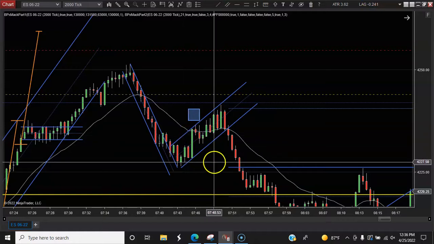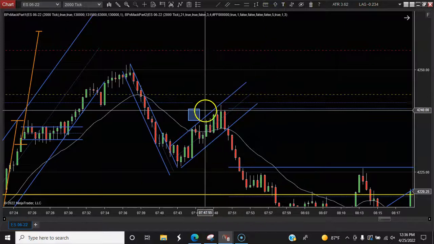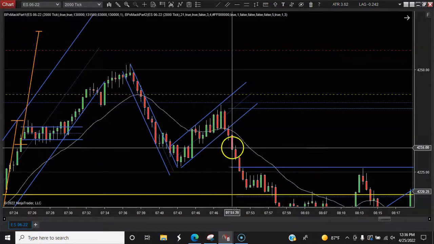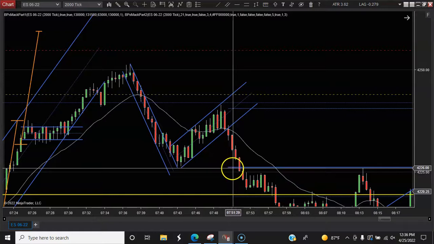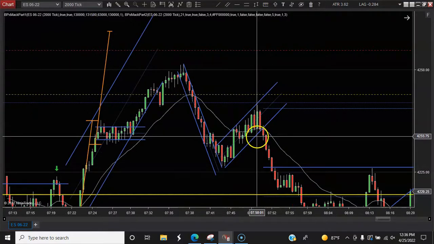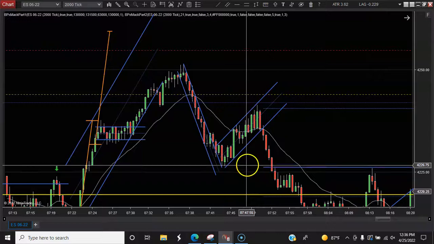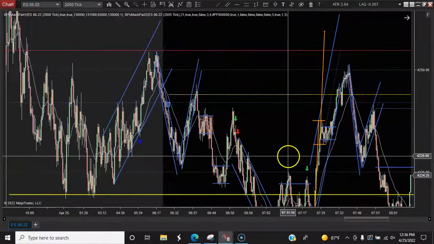Okay, so yeah, you would have scalped out there. But that doesn't show up on my chart as a second entry, so I can't mark that. You get a failure here, and they probably trapped the people on that too. So I'm not too sure how I want to look at this.